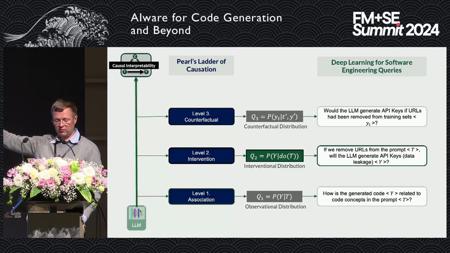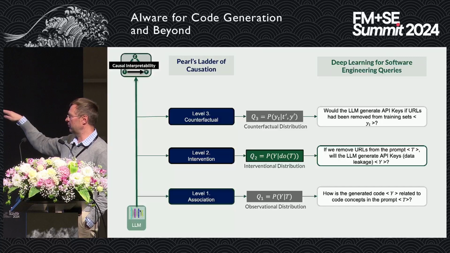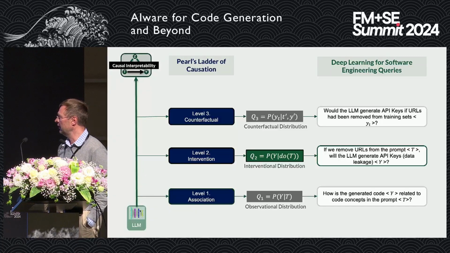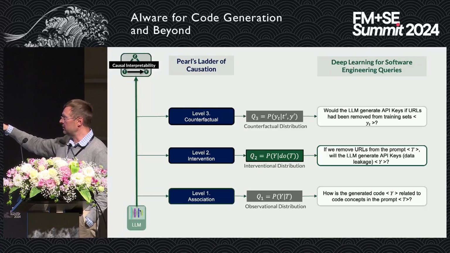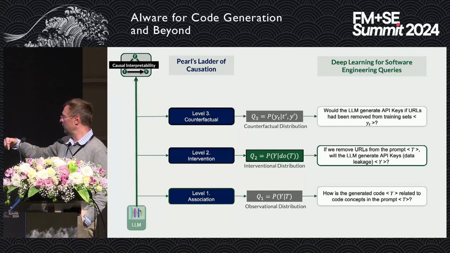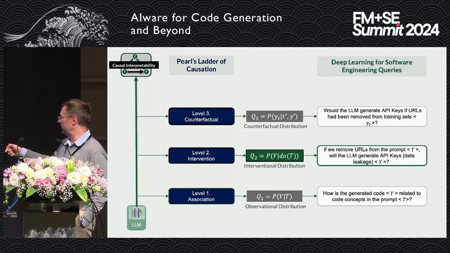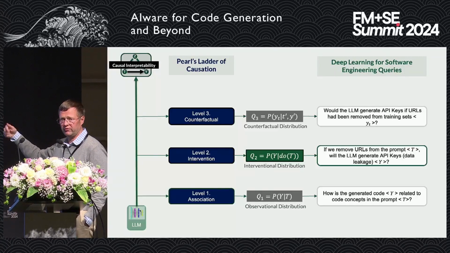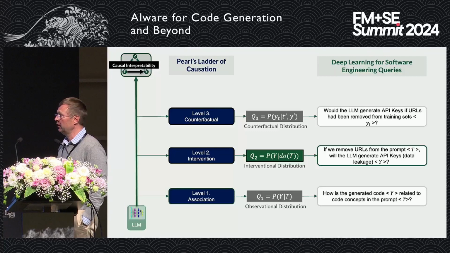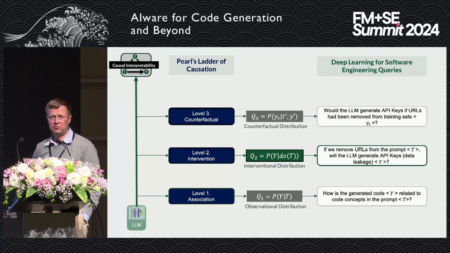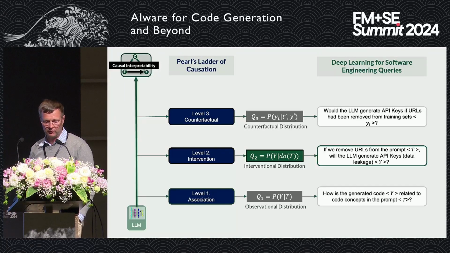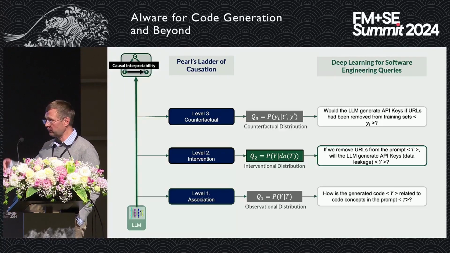So our approach actually resides in the second level, which is called intervention. And here we're relying on interventional distributions to answer questions like, if we remove URLs from the prompt T, will the LLM generate API keys? Or in this case, will it produce this data leakage if we remove certain content? So it allows us to modify the treatment to see if it has any impact on the observed outcome.